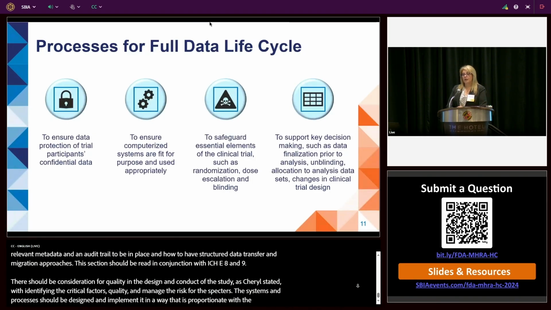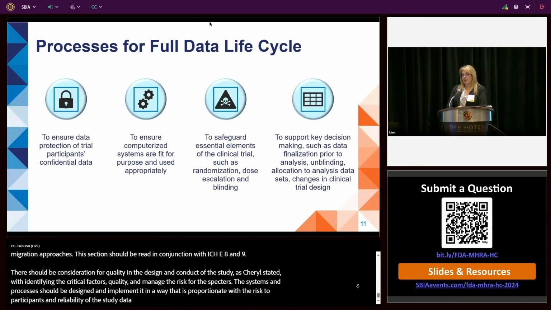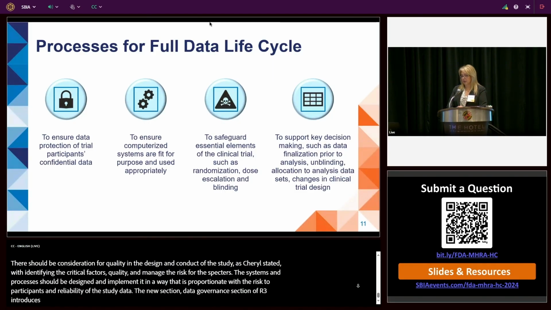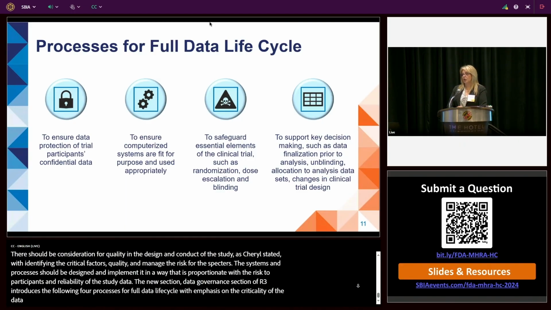The new data governance section of R3 introduces the following 4 processes for full data lifecycle with emphasis on criticality of the data, and they should be implemented proportionately and documented appropriately.